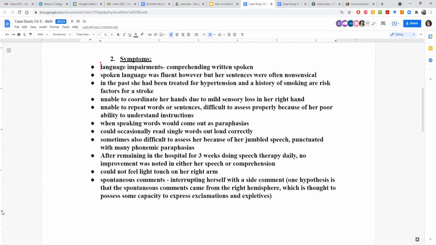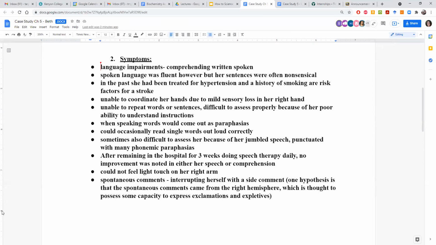Sometimes it would be difficult to assess her because of her speech being jumbled and her many paraphasias. And after remaining in the hospital for about 3 weeks doing speech therapy daily, she had no improvements with her speech or comprehension of language.